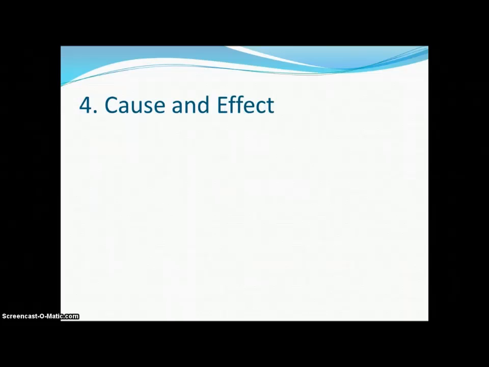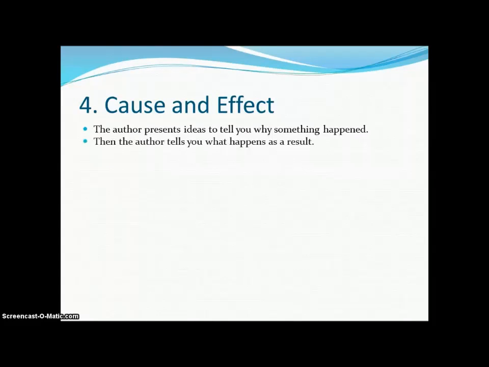The fourth example of text structure is cause and effect. This is when the author presents ideas to tell you why something happened, and then the author tells you what happens as a result.